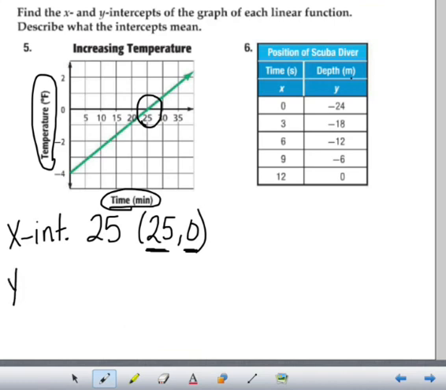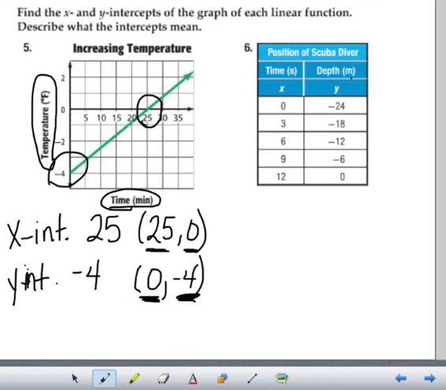All right, my y-intercept is where it crosses my y-axis, at -4. So my ordered pair would be (0, -4). Again, what does that mean? Well, my x is minutes, so at 0 minutes, when I'm starting because no time has passed, I'm starting at -4 degrees Fahrenheit.